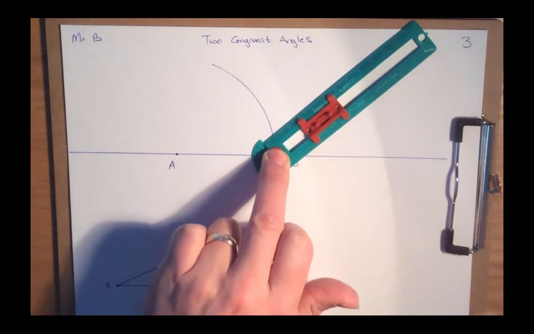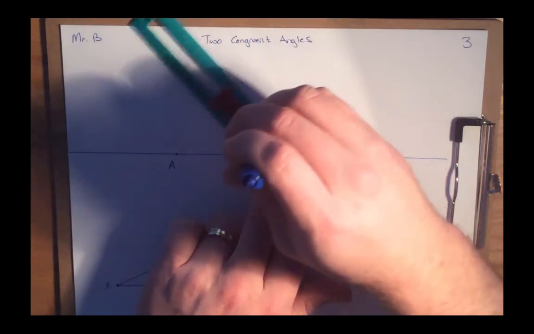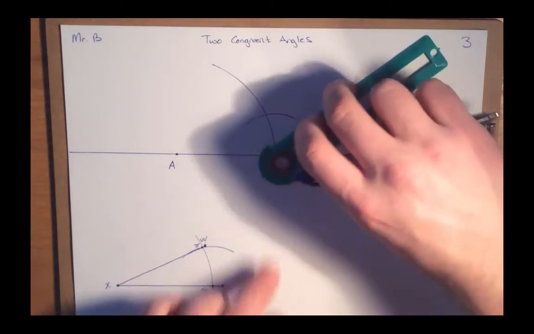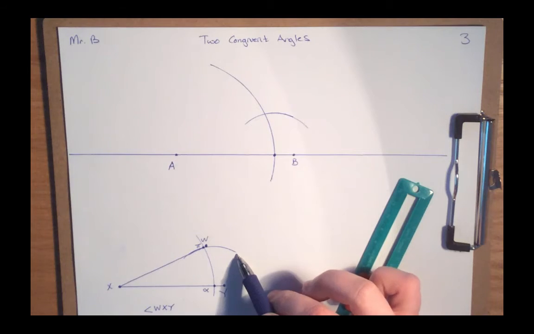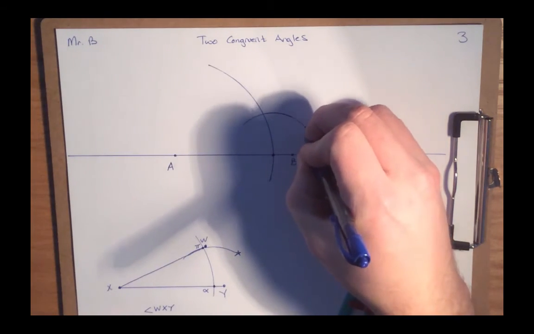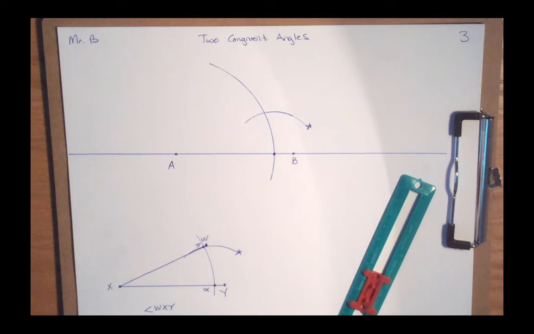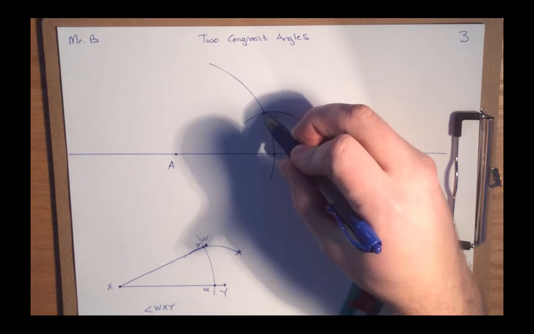I use the inside hole. I'm going to draw my new arc so that this arc here, I'm going to put a star at the end of it, and this arc here are pretty much the same. Exactly. So then I put a point here.